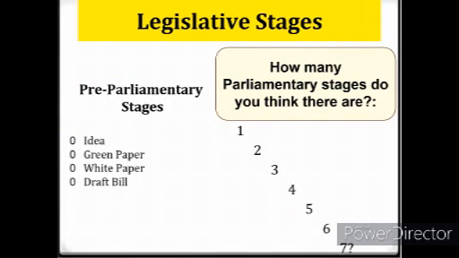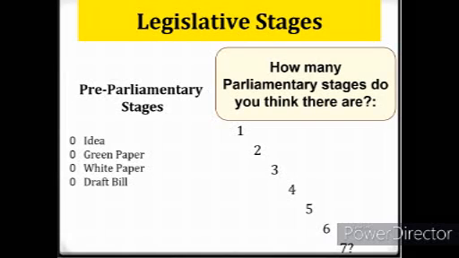So, pre-parliamentary stages, the idea, the green paper, the white paper and the draft bill. How many parliamentary stages do you think there are? Take a guess. And by the end of this lesson, you should be able to tell me.